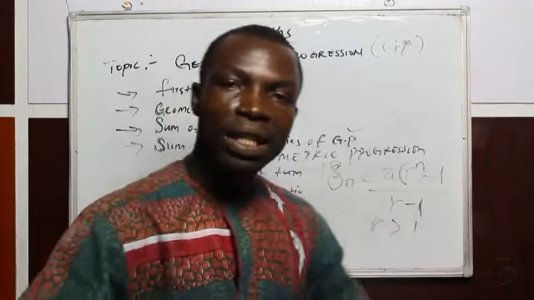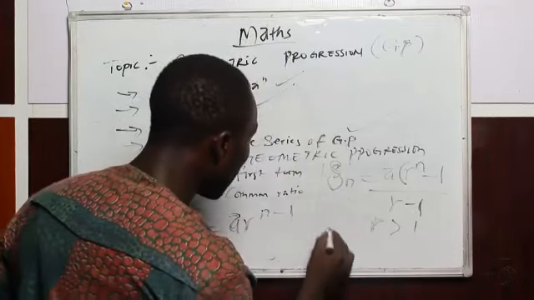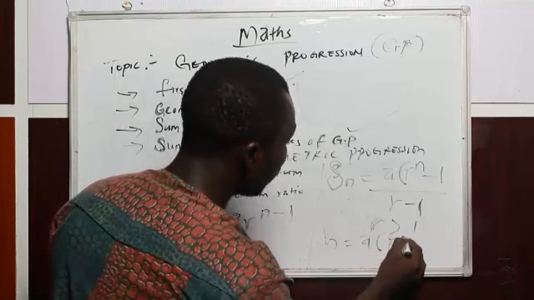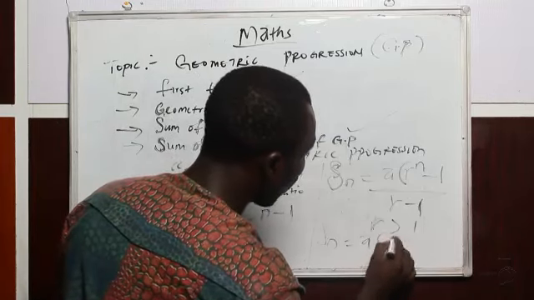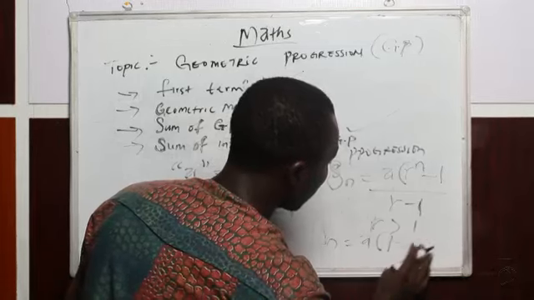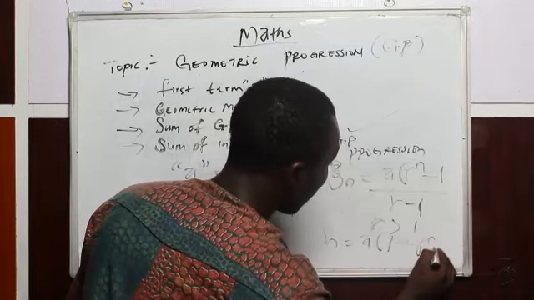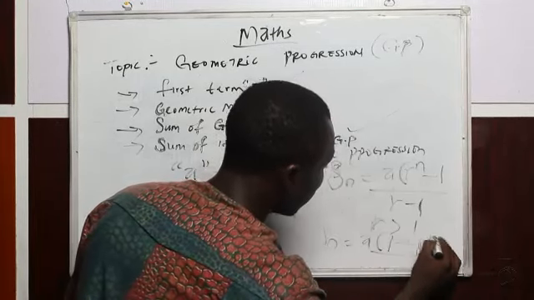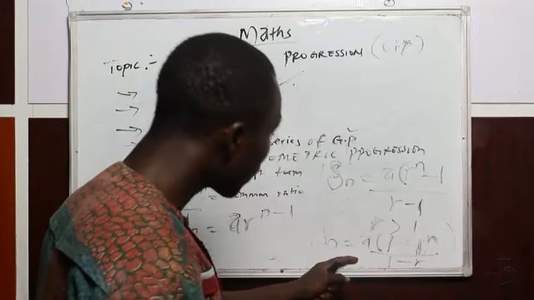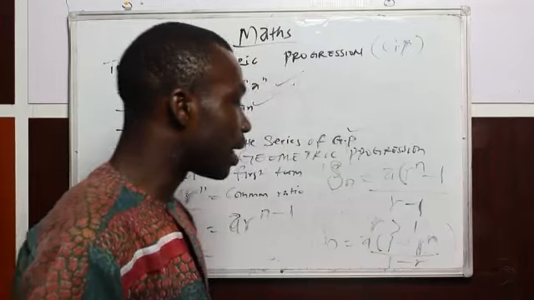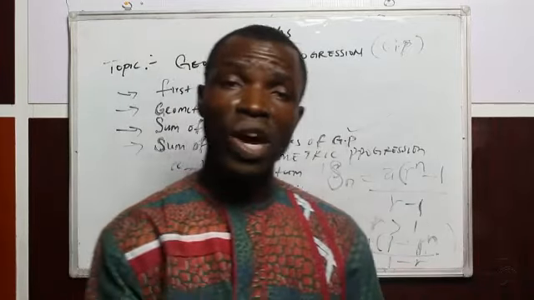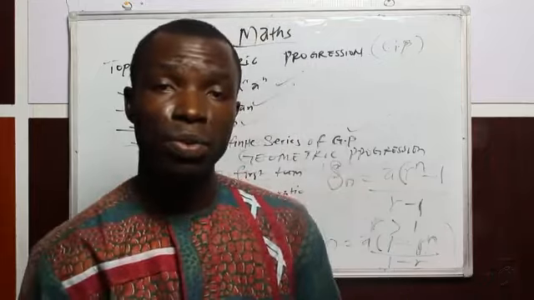If our R is less than 1, then we use Sn equal to A bracket into 1 minus r raised to power n over 1 minus r, if 1 is greater than the common ratio. So two formulas are given to find the sum of a geometric progression.